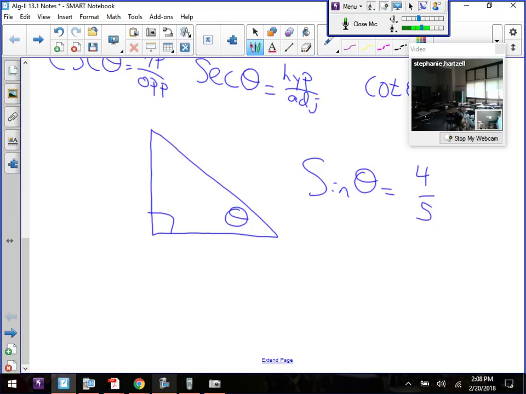And 5 is the hypotenuse. Good. That means that I have an opposite of 4 and a hypotenuse of 5, because that's what the trig ratios stand for. Now, if I ask you what the secant of theta would be, that means I have to find that missing side length and build out of it.